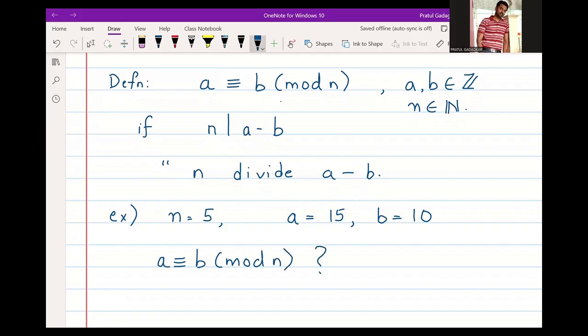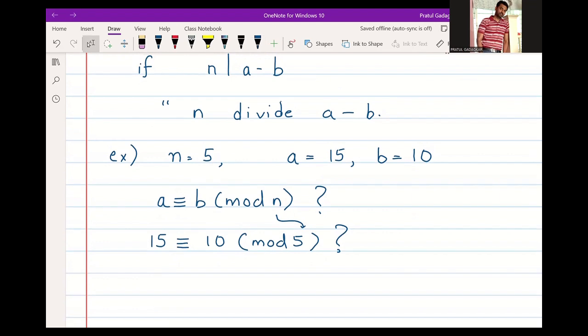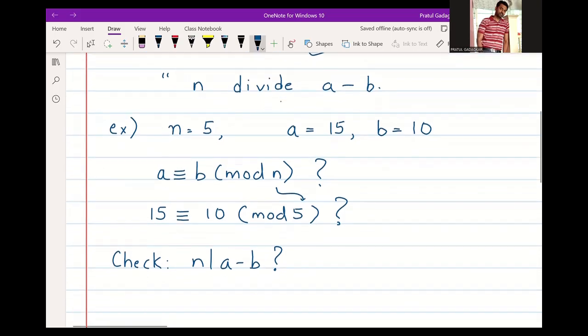Is 15 congruent to 10 modulo 5? It means I have to check: does n divide a minus b? This is the definition of a congruent to b modulo n.